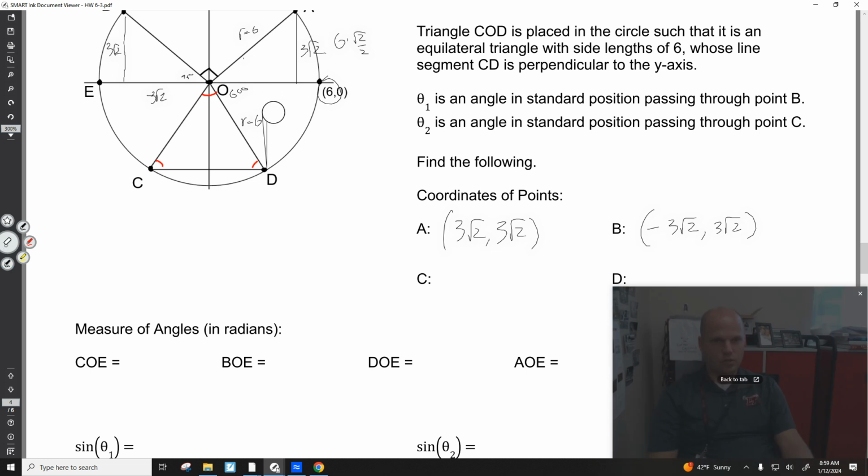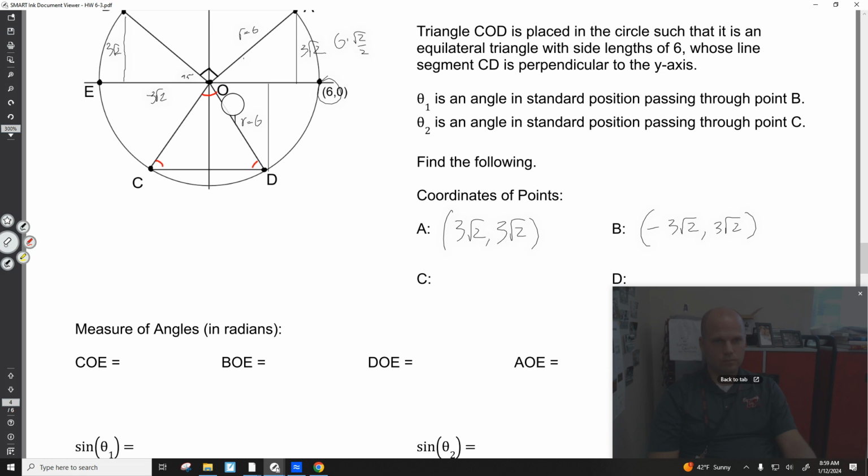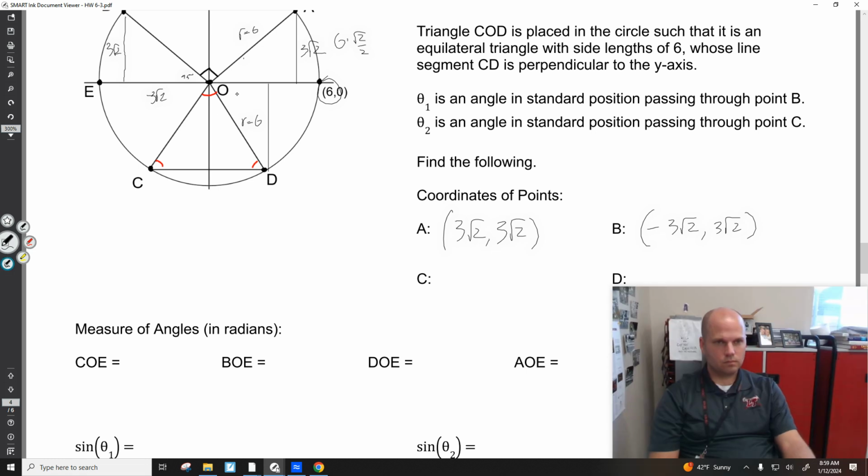This is your 30, 60, 90 triangle here, but its radius is 6. What I'm going to do to help me is draw a representative radius of 1 30, 60, 90 triangle. So here, radius of 1, this would be the longer side, this is the shorter side. This is 1/2, this is negative root 3 over 2.